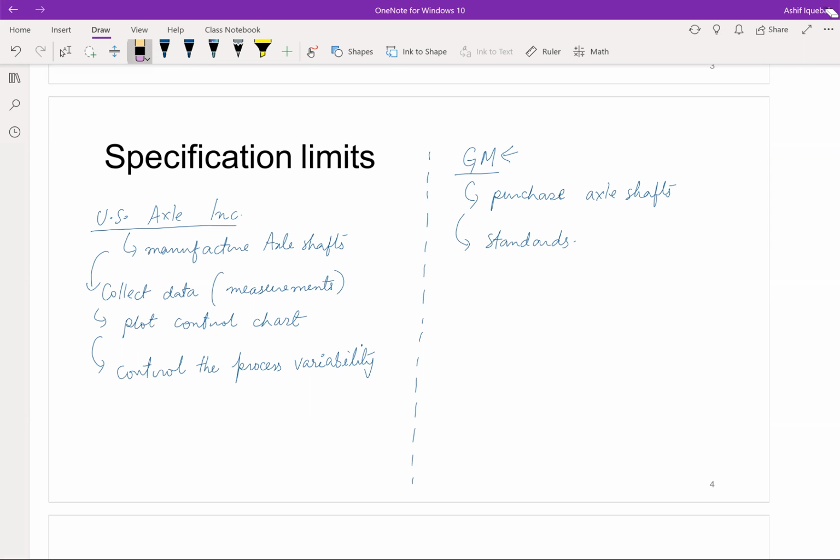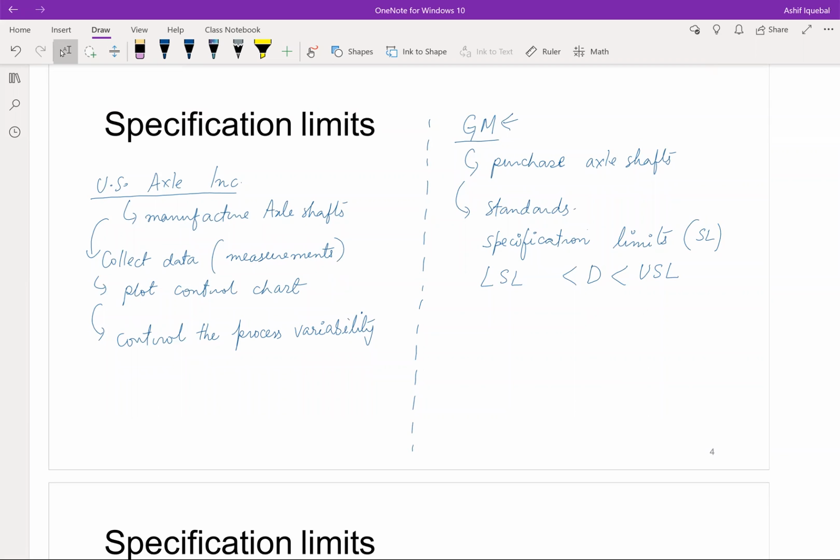Let's say General Motors has set the specification limit on the axle diameter. They want to make sure that the diameter is always below a certain upper specification limit and greater than a certain lower specification limit. USL is the upper specification limit and LSL is the lower specification limit.